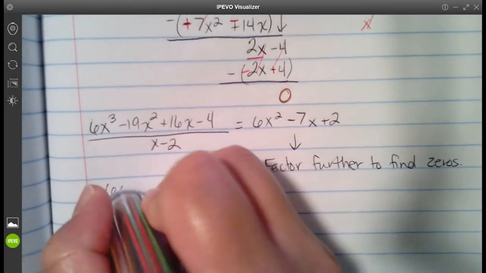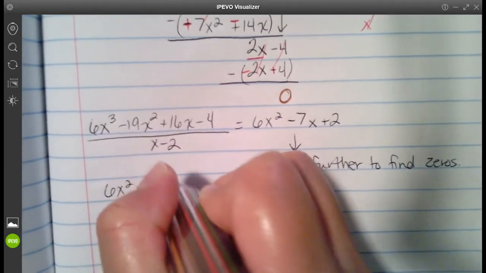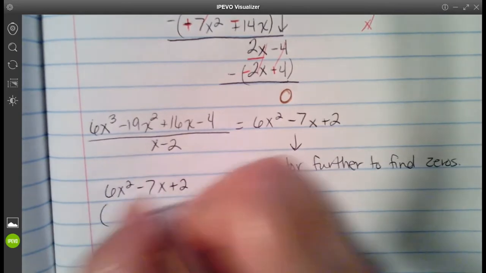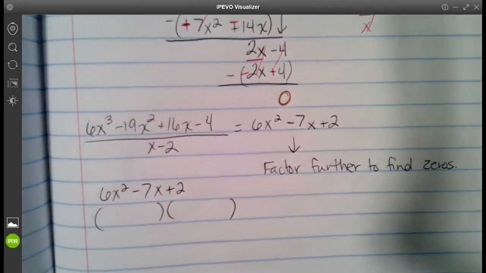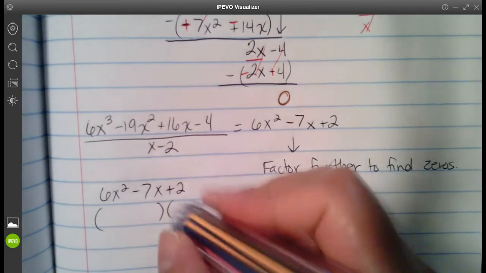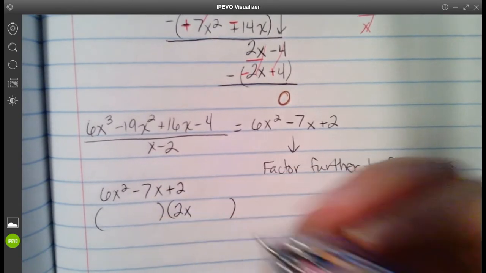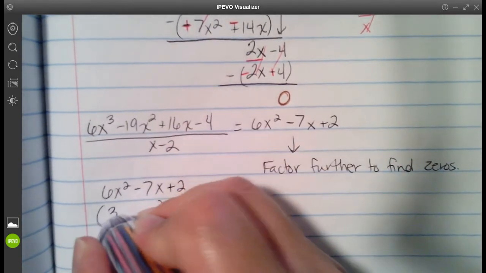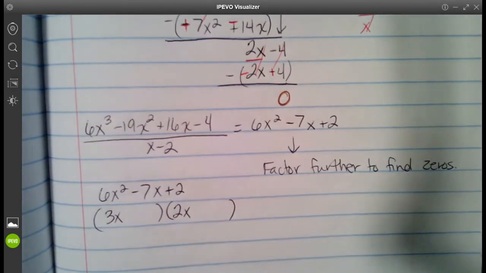So 6x squared minus 7x plus 2. If I try to factor this out, remember here you can use multiple different methods. You can use guess and check. You can use slide and divide. You can do factoring by grouping, okay? I'm going to go ahead and do guess and check just because for me right now it's a little bit easier. So I'm going to try 2x and 3x.